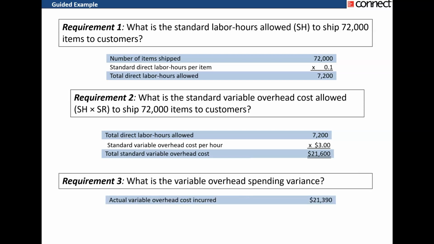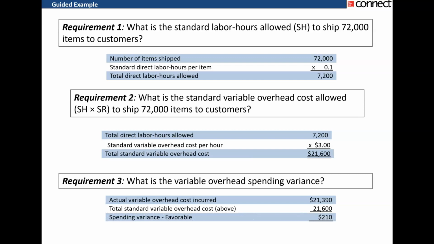The overhead spending variance: take the $21,390, which is what was actually incurred, subtract the standard that was allowed, and they end up having a $210 favorable variance.